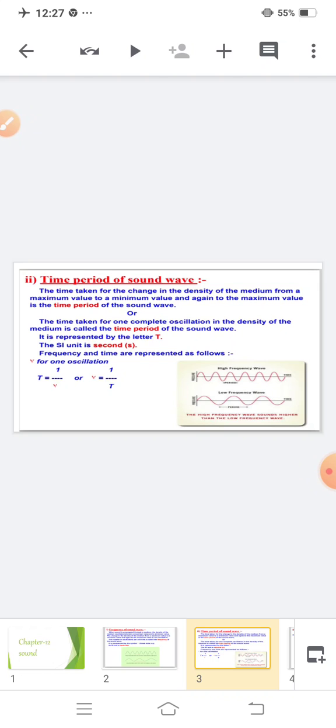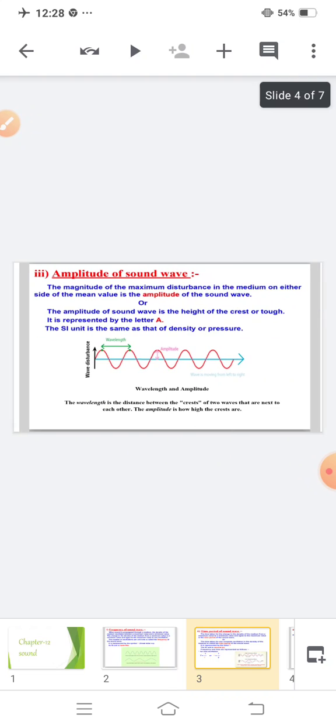The time taken for one complete oscillation in the density of a medium is called the time period of the sound wave. It is represented by the letter T and the SI unit is second. Frequency and time are related as follows: T is equal to 1 by f.